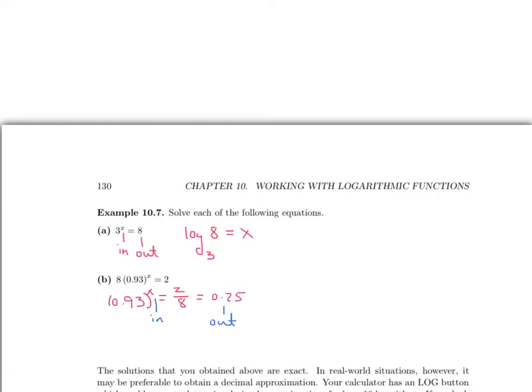I can rewrite this equation in an equivalent logarithm format, and I would say log base 0.93 of 0.25 is equal to x. So again, we've solved the equation.